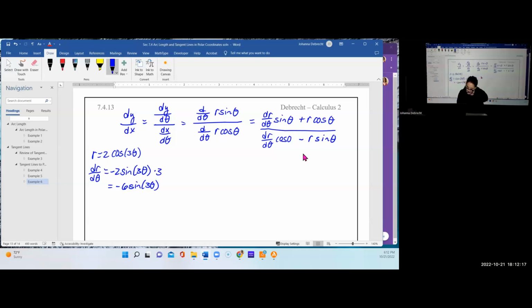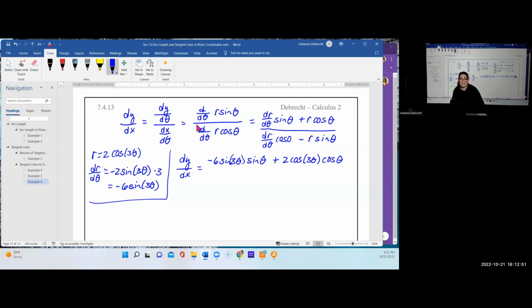Now putting this into the formula that we have up here, we have dy/dx equal to dr/d theta, which is negative 6 sine of 3 theta, times sine of theta, plus r, which is 2 cosine of 3 theta, times cosine of theta.